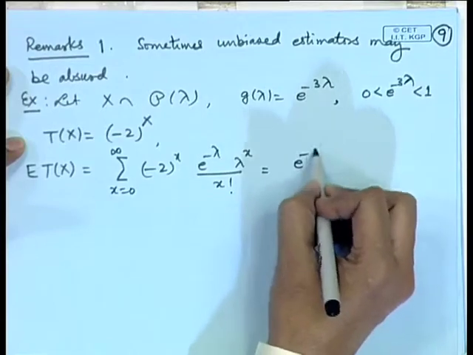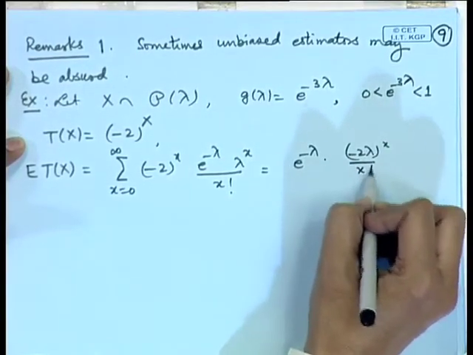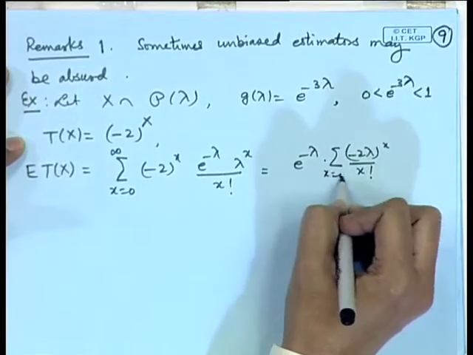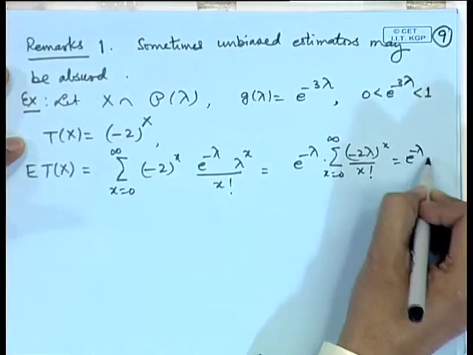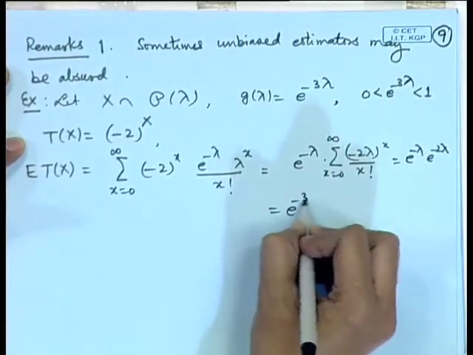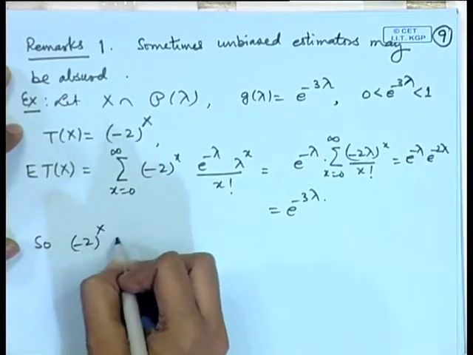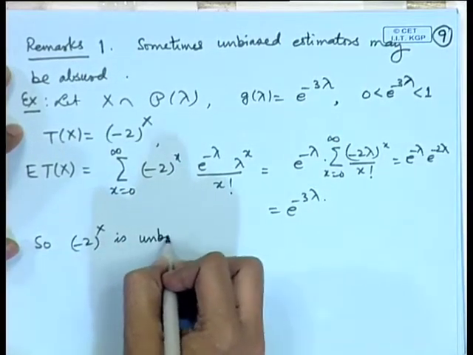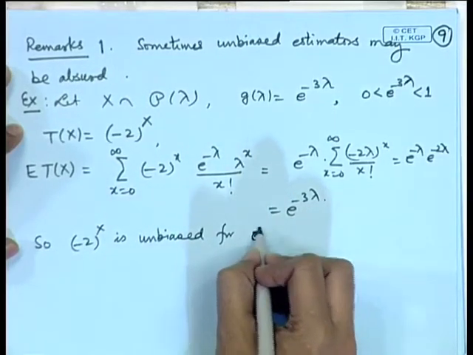So, that is e to the power minus lambda times the sum of minus 2 lambda to the power x by x factorial, that is equal to e to the power minus lambda e to the power minus 2 lambda, that is equal to e to the power minus 3 lambda. So, minus 2 to the power x is unbiased for e to the power minus 3 lambda.